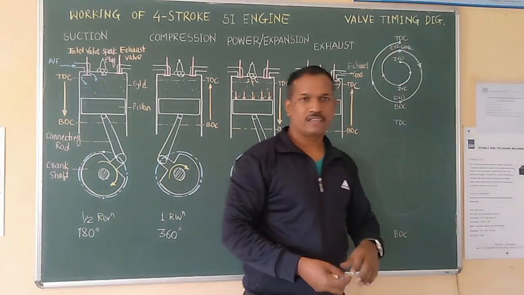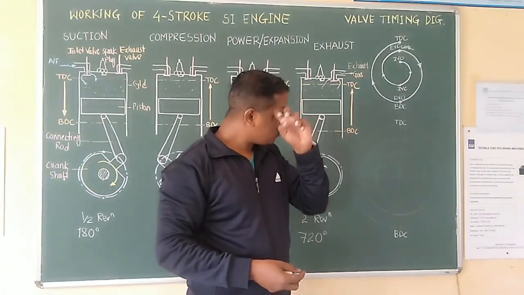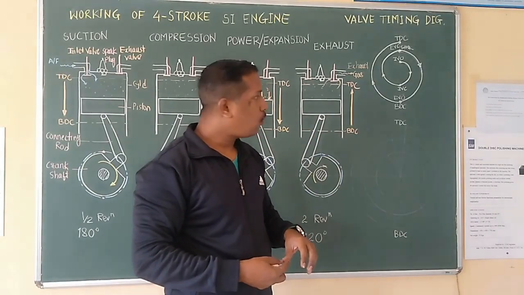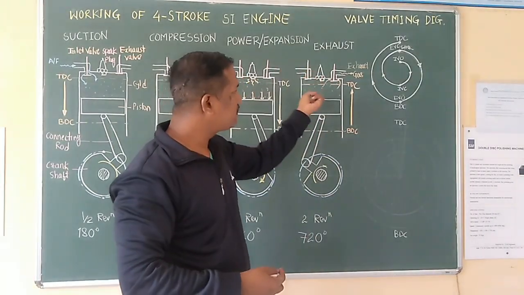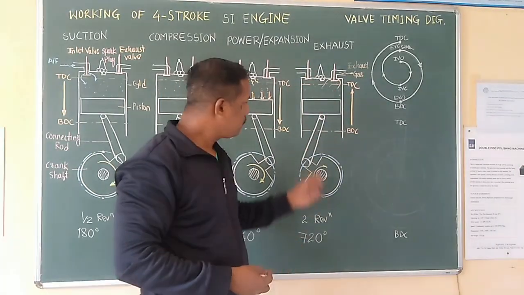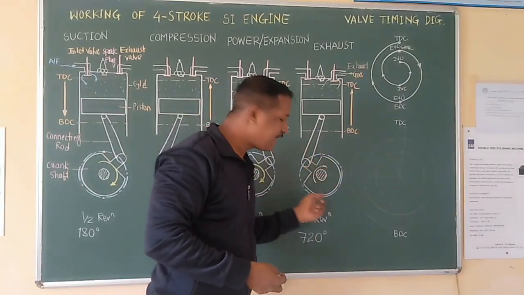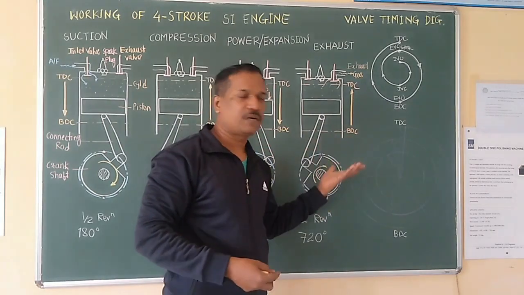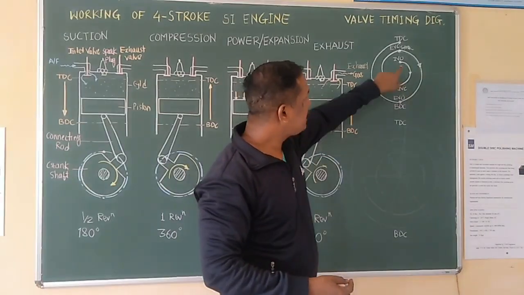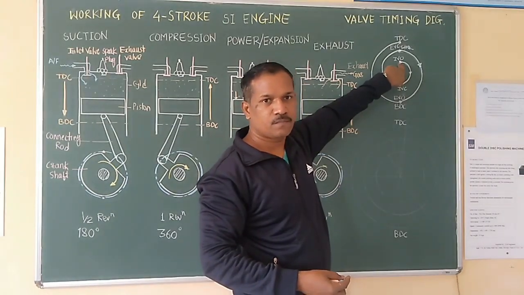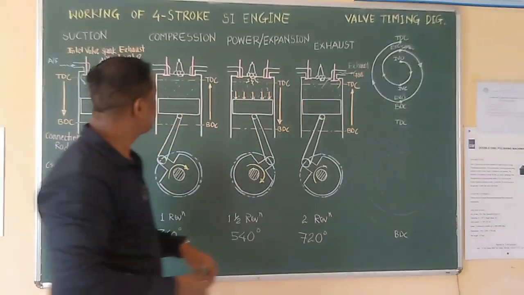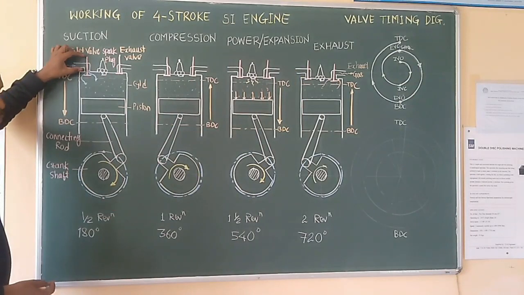But this is theoretical. Why theoretical? Because all these valve operations, the burning gases, piston movement, crank movement, these are mechanical parts. So here we are seeing the inlet valve open exactly at TDC. This is not possible. Why? Because when the inlet valve is closed and it starts to move inside, that means it is opening.